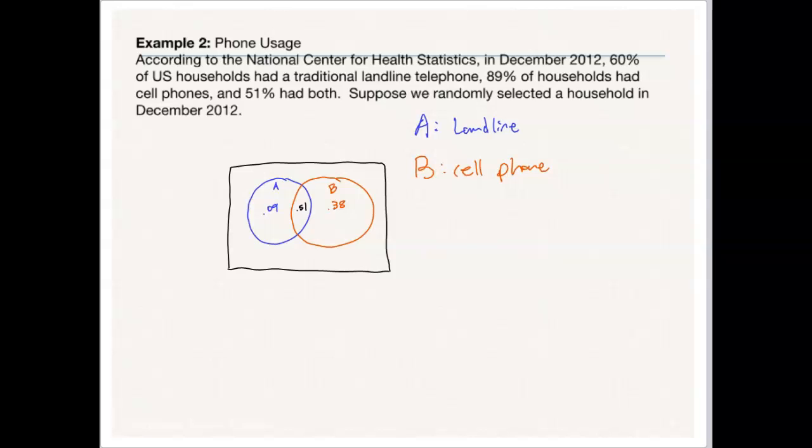And if I add those up, 0.09 plus 0.51 plus 0.38, that gives me 0.98, which leaves me with, out here, 0.02 or 2% of people that don't have either a landline or a cell phone.